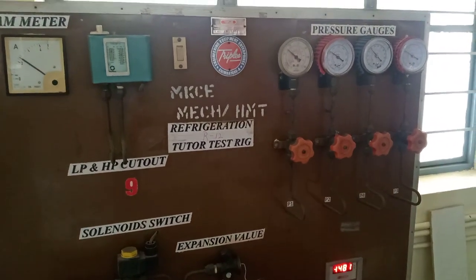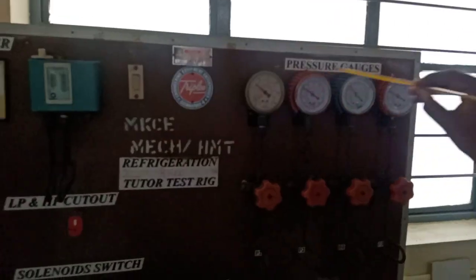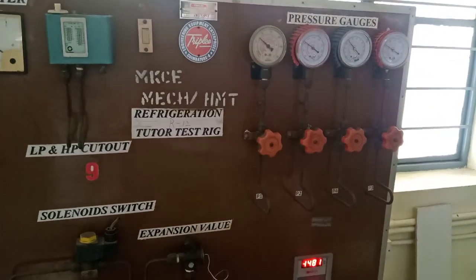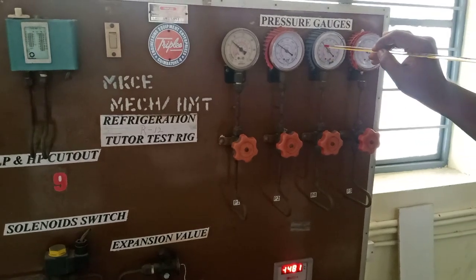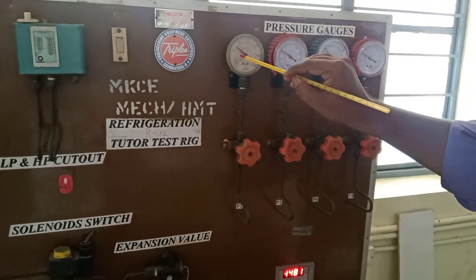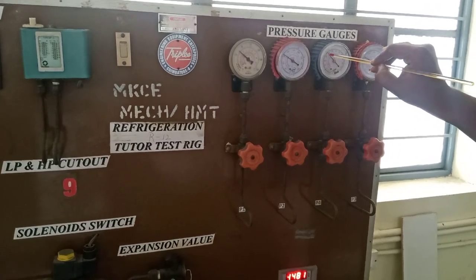These two gauges show the evaporator inlet and outlet pressure. The evaporator inlet pressure is about 30 psi. Here it also reads about 30 to 35 psi.